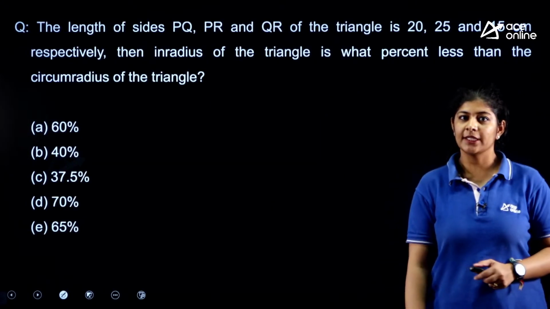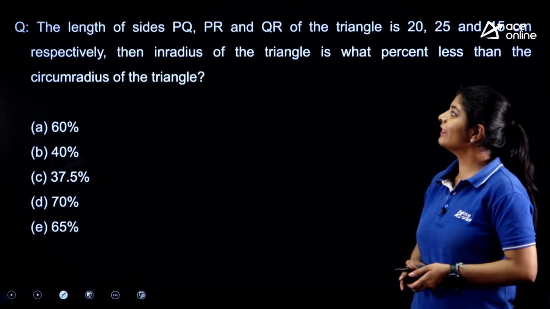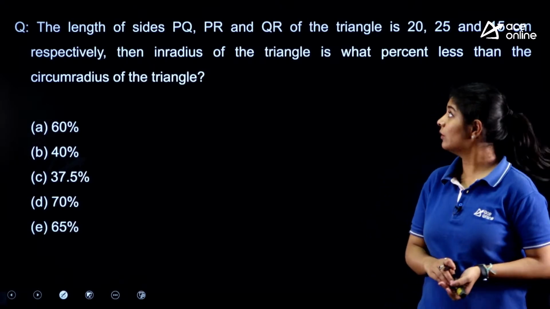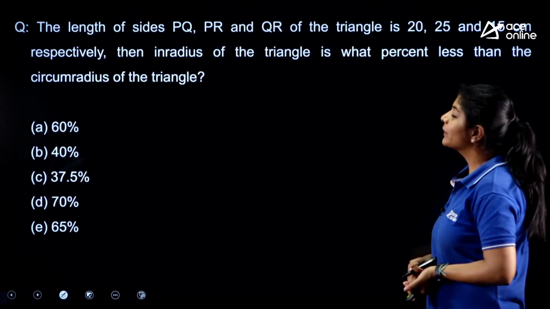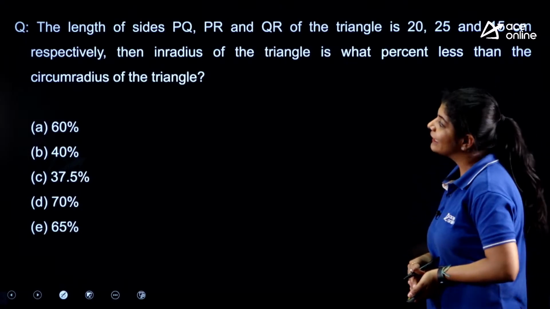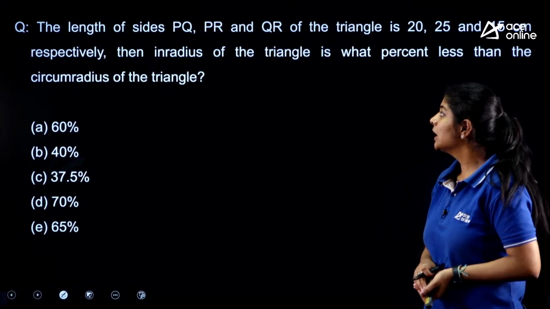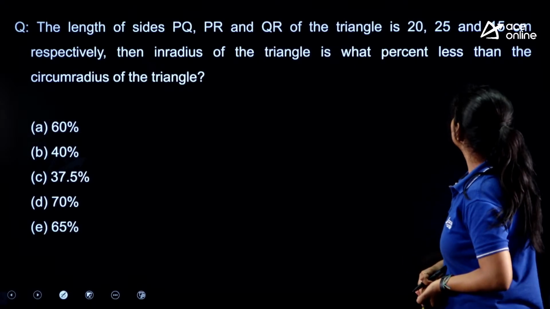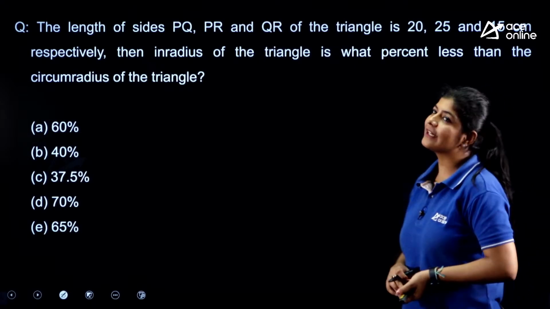Next. The next question says that the lengths of the sides PQ, PR and QR of the triangle are 20, 25 and 15 centimeters respectively. Then the inradius of the triangle is what % less than the circumradius of the triangle?